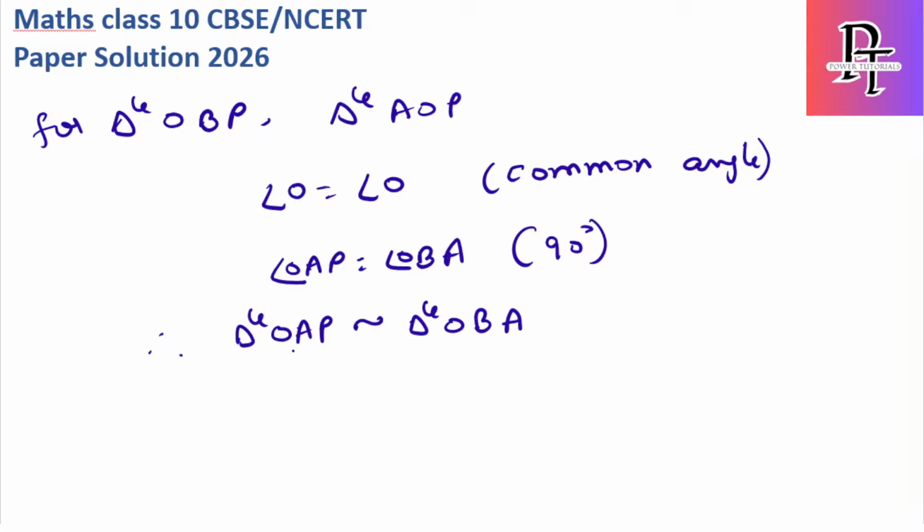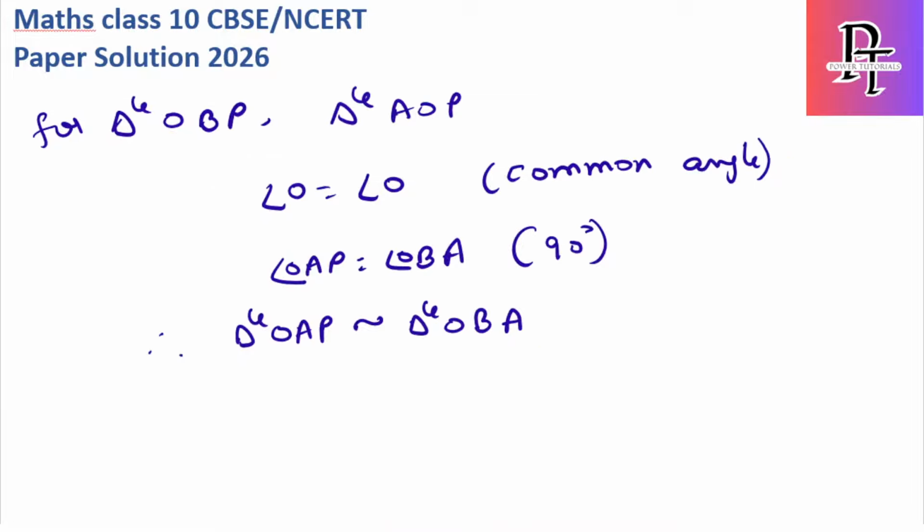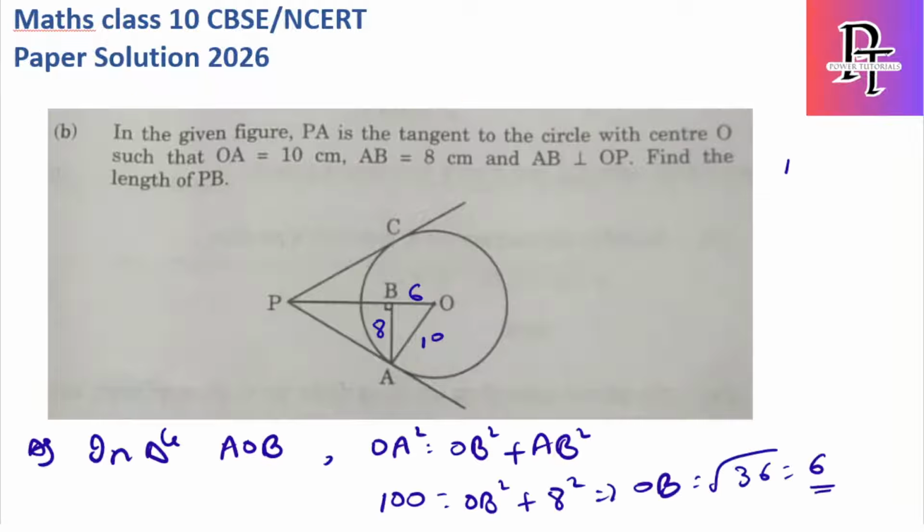Okay, let's confirm once again. Angle O is fine. The 90 degrees, OAP is equal to OBA. That is also okay. See the order. Okay, fine. AOB is also 90 degrees. So let's cross check once. Angle O is okay.